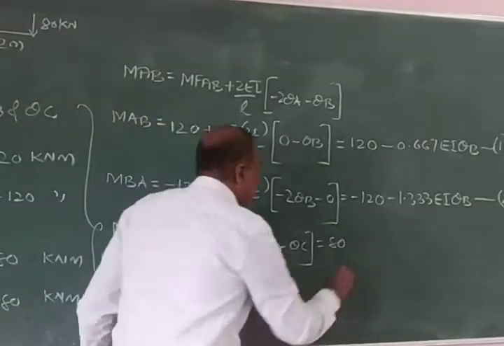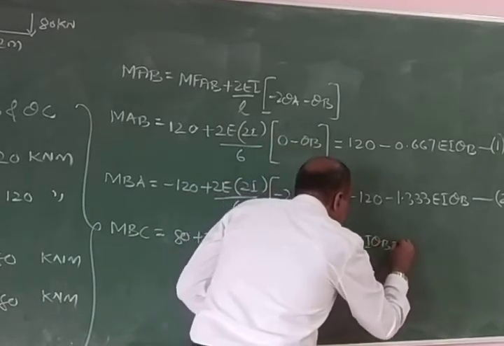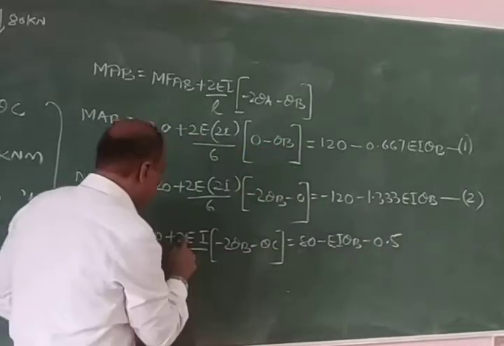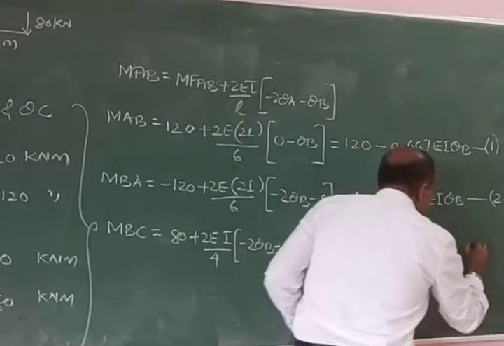So it becomes 1 EI theta B minus 0.5 EI theta C. So this is my third equation.